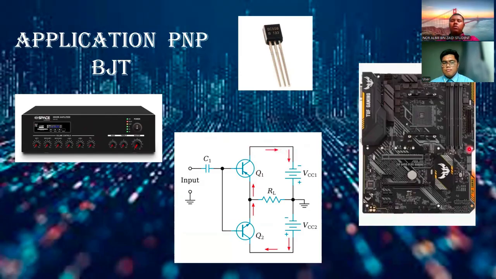There are also uses on the motherboards in laptops or computers. This here is the power source of the motherboard, so they use the PNP BJT as a regulator to make sure that power can pass through with low currents.